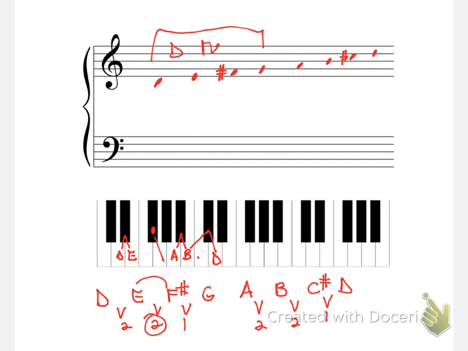D major. There we go. And then the last one is A major, the A major tetrachord. I think I could do a better job of writing major. M-A-J. Let me just go ahead and fix that over here.